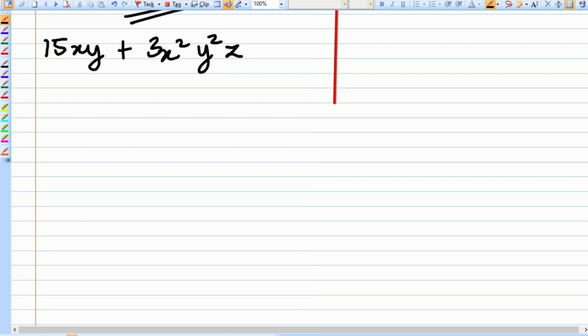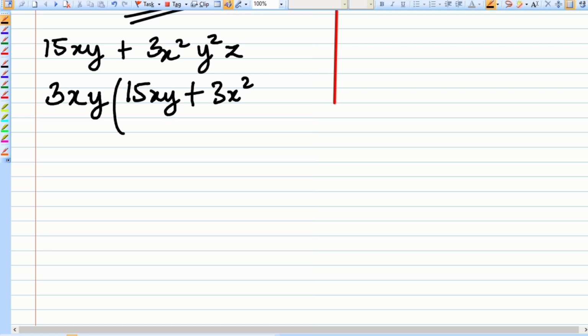So you see x is a common factor, y is a common factor. Between 15 and 3, 3 is a common factor. So we're going to divide everything by 3xy.